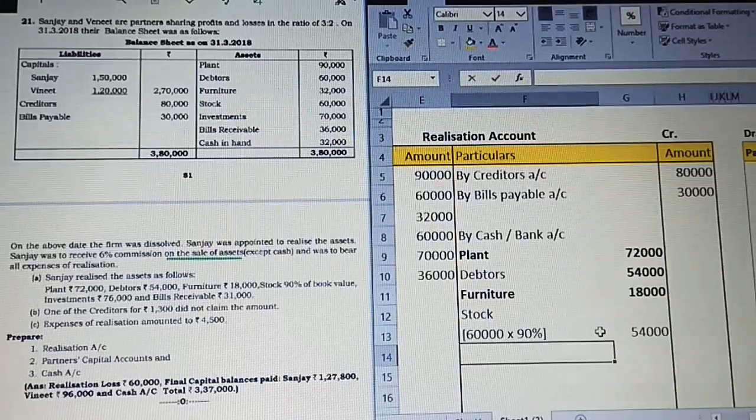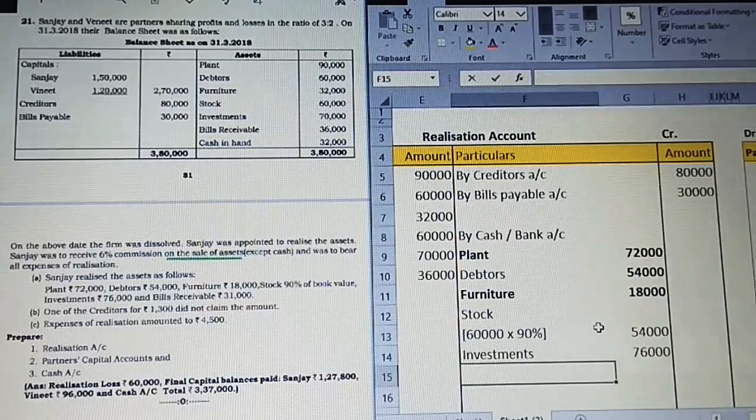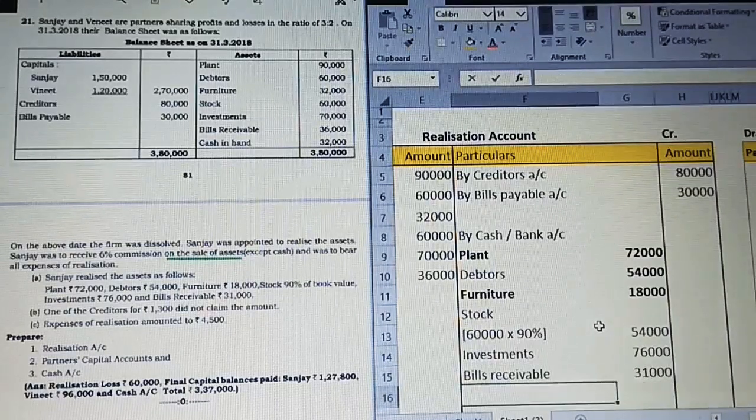Then after stock we have investments 76,000. Then bills receivable 31,000.